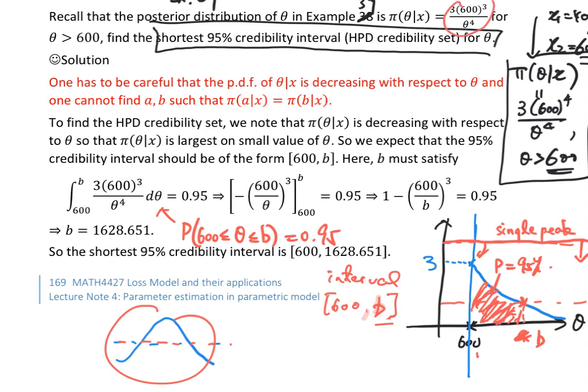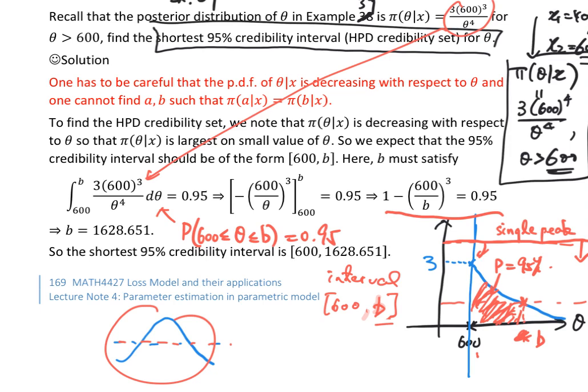Given this posterior distribution, you put that in, integrate from 600 to B, and set it to 95%. This integral is not hard to evaluate. After you evaluate it, you will have a simple equation for B, and solving it, you will find B equal to 1628.